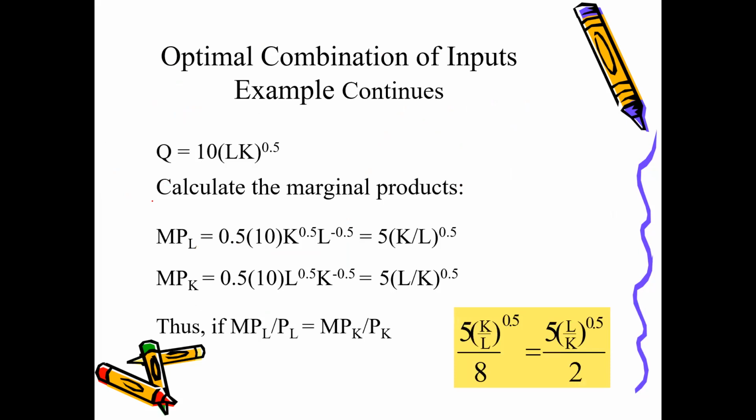So this is the equation I gave you. First, you have to find MPL. How to get the MPL? Differentiate the production function.